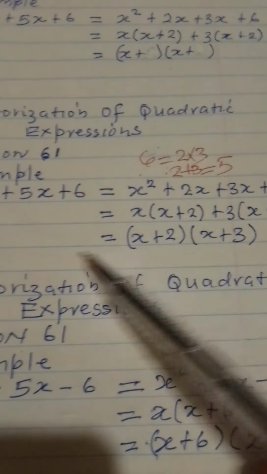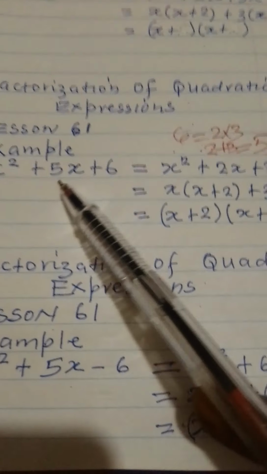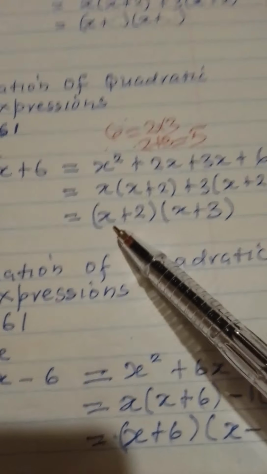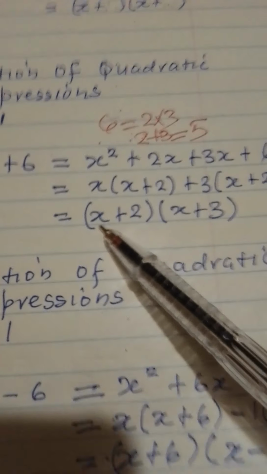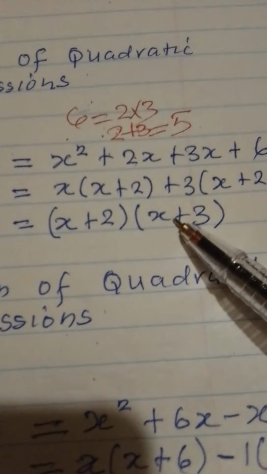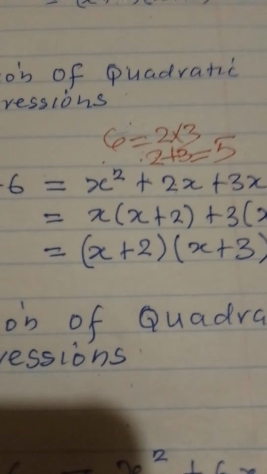So the factors of our x squared plus 5x plus 6 are open bracket x plus 2 close bracket and open bracket x plus 3 close bracket.